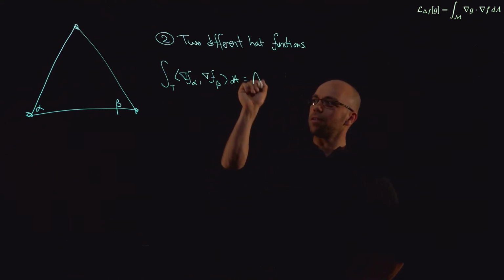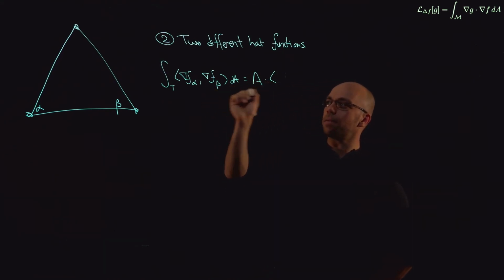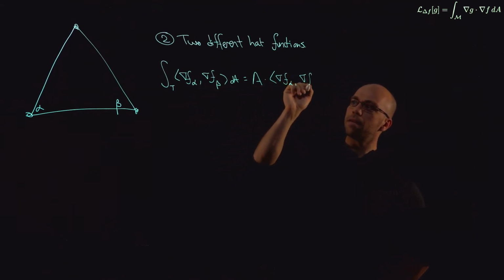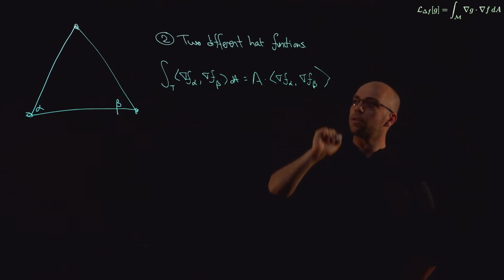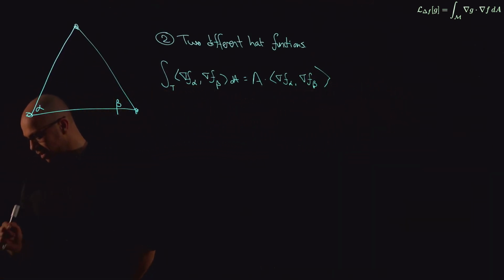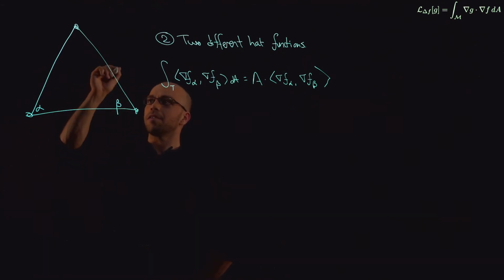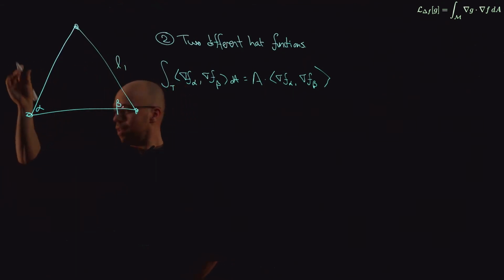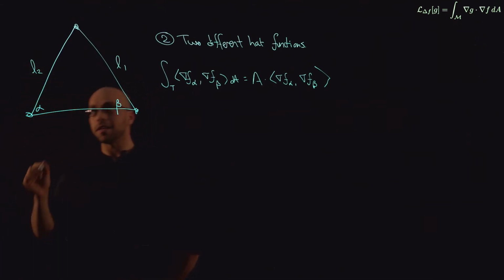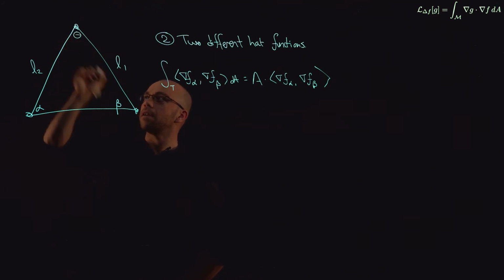So I can really think of this as A times the dot product between these things. Okay, so now let's label a few more things just for convenience. In particular, we'll say that this edge has length L1, this edge on the left has length L2, and we'll label the corner here theta.